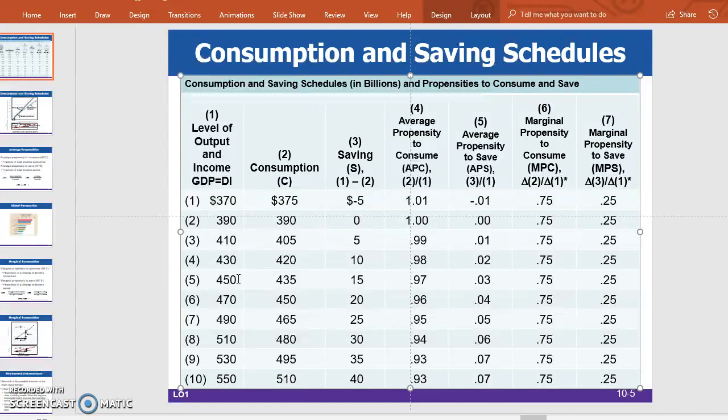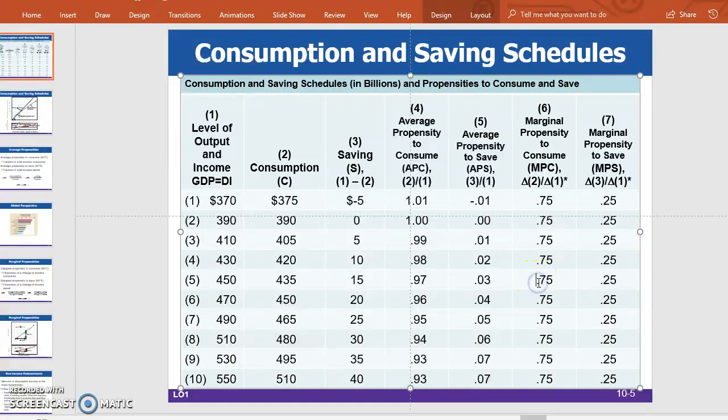So change in savings is 5, change in income is 20. So divide and it becomes what? It becomes 0.25, right? So MPS is 0.25, marginal propensity to save, and all over you have the same MPS for all the other rows.